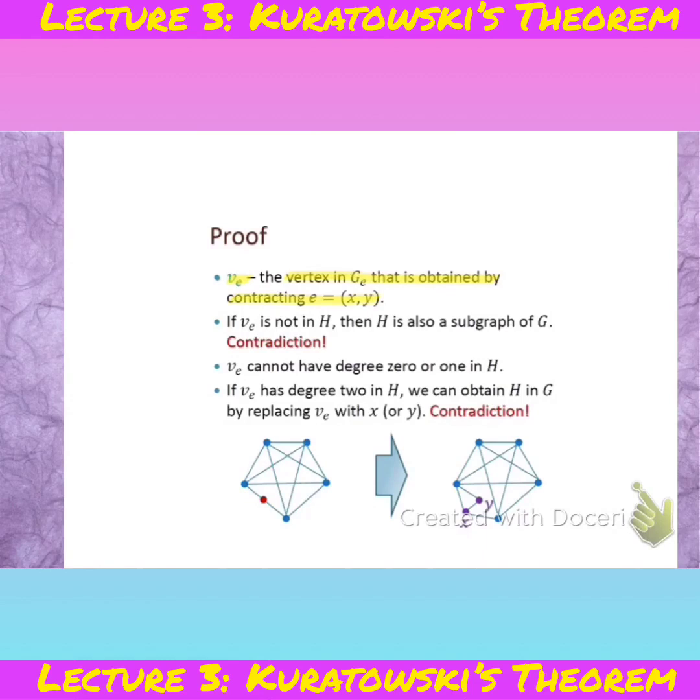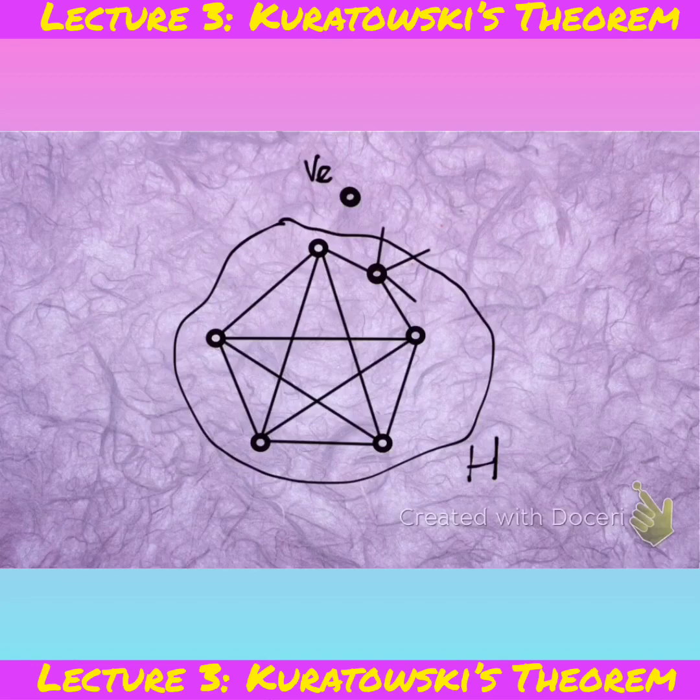Now, if V is not in H, then H is also a subgraph of G, which is a contradiction. Okay, so let's quickly illustrate that. There we've got V subscript E, and it lies outside of H, and now we're retracting it back to its original form.